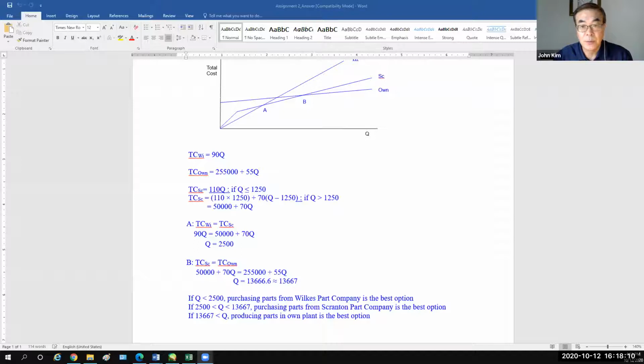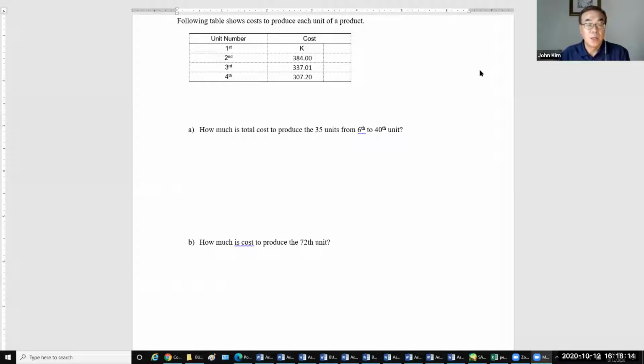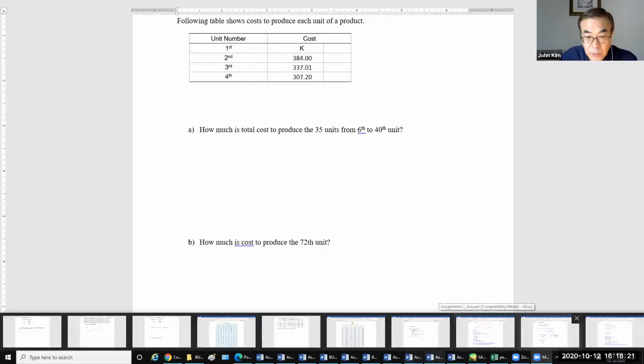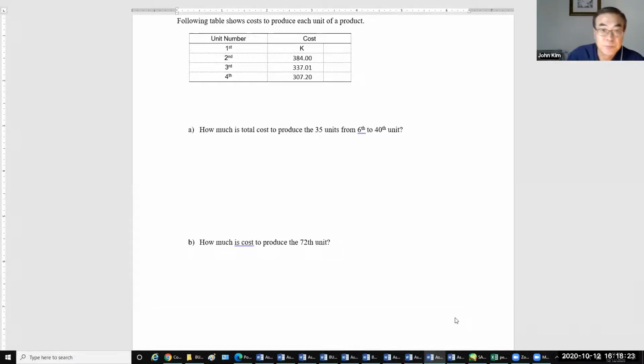About the learning curve. Learning curve question. How much is the total cost to produce 35 units, from unit 6 to 40? Cumulative cost, total cost.